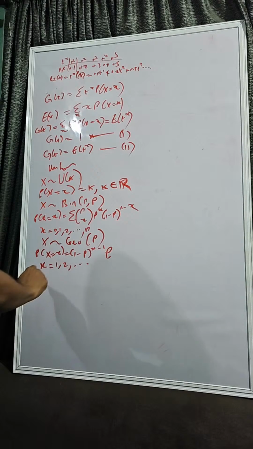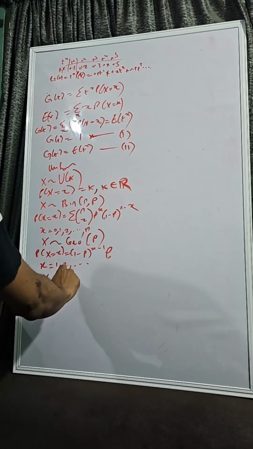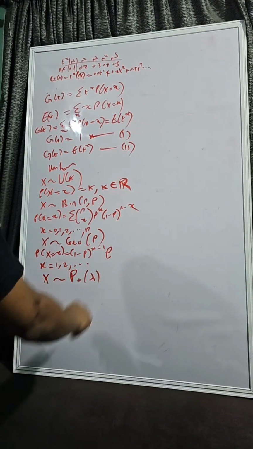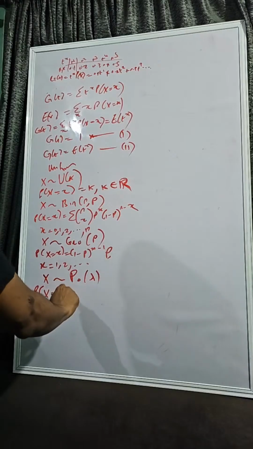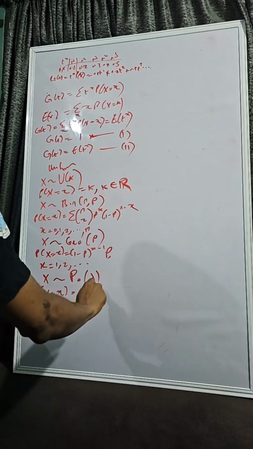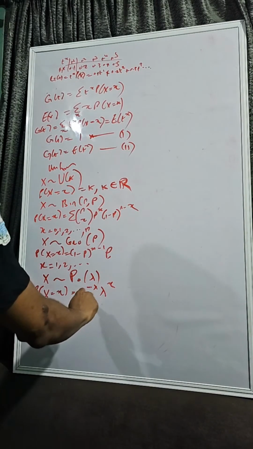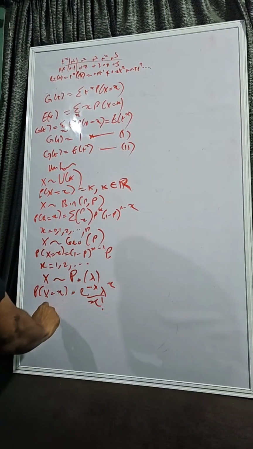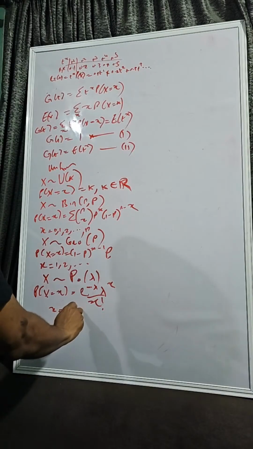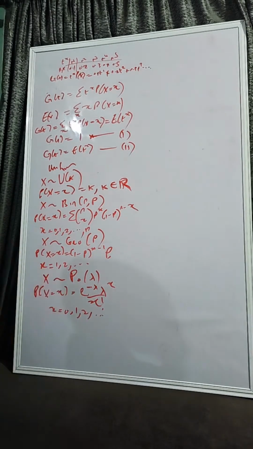Now, Poisson is represented by this, and the PMF is represented by x equals x is e raised to minus lambda, lambda raised to x, divided by x factorial, where x is equal to 0, 1, 2, and so on.